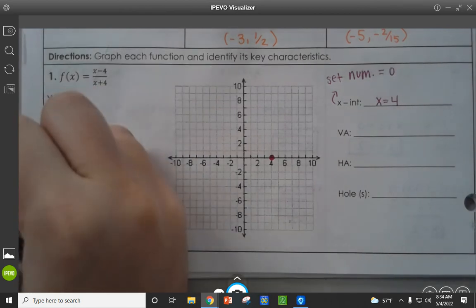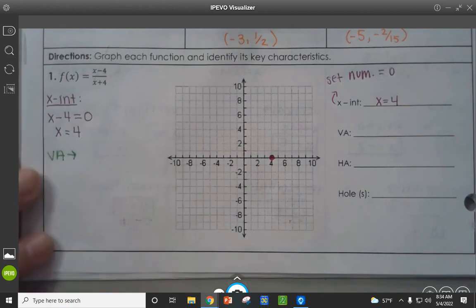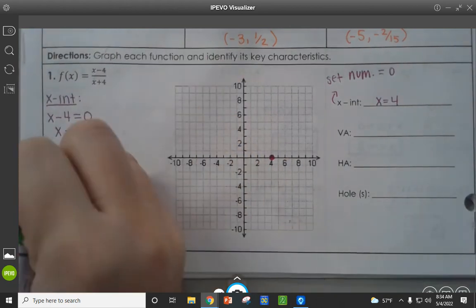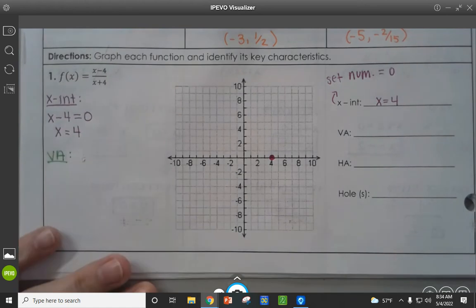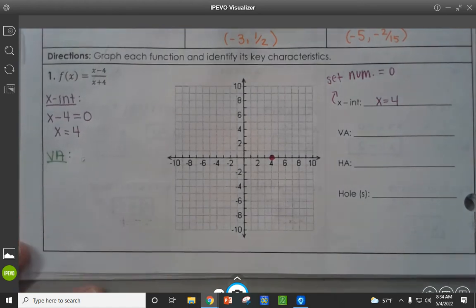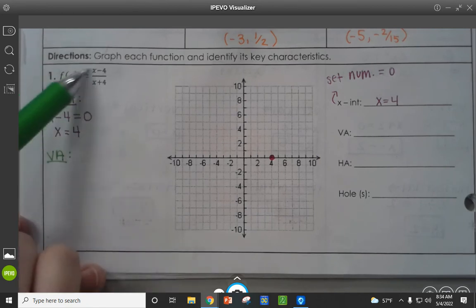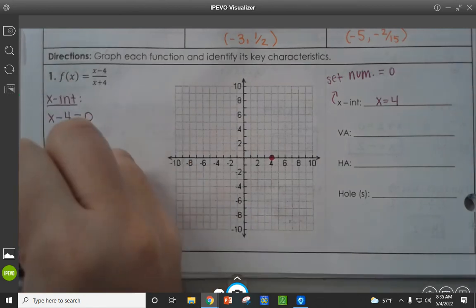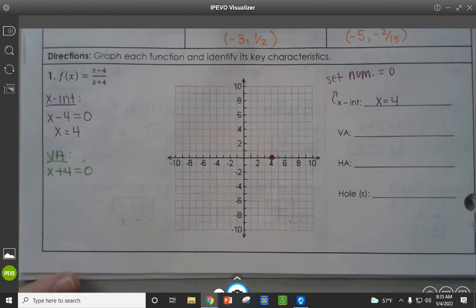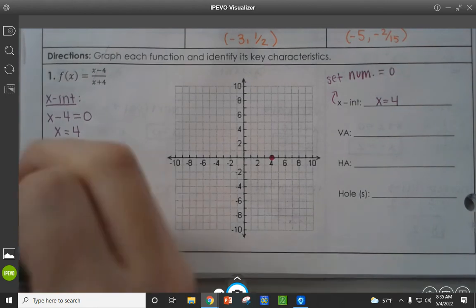Then we're going to do a vertical asymptote. So I'm just going to put VA, vertical asymptote. Now that's where we look at the denominator, and any factors that don't cancel, that's what we set equal to 0. Well, nothing canceled here, so x plus 4 equals 0.